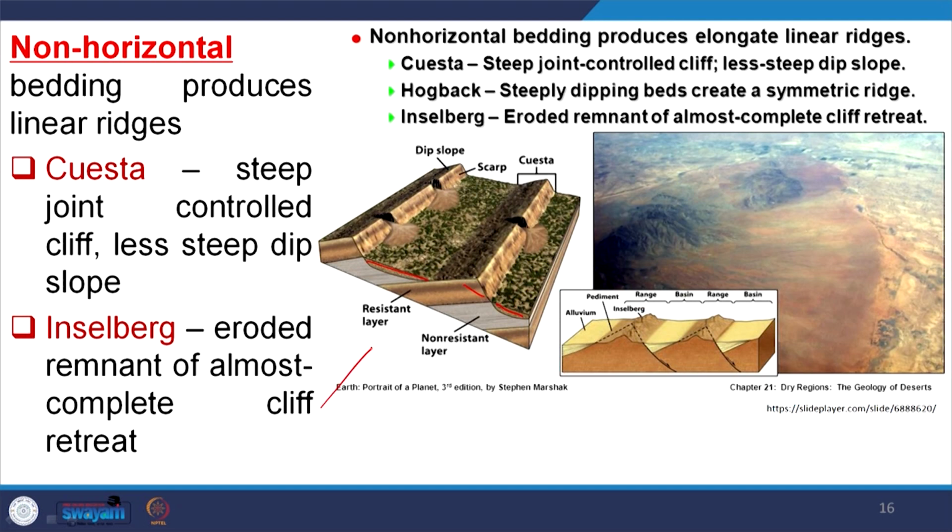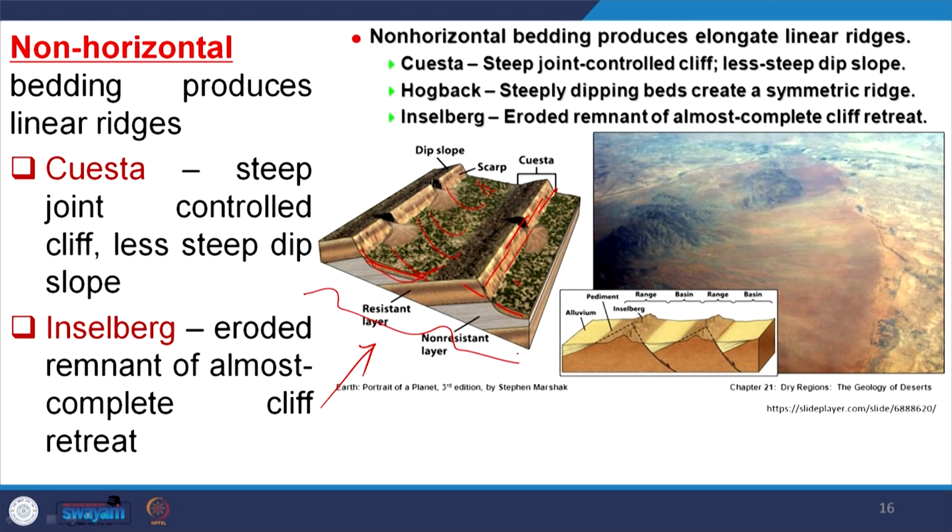We allow wind to blow on it. The soft rock is easily eroded and removed first, and the hard rock remains resistant. That is why you get a topography like this.